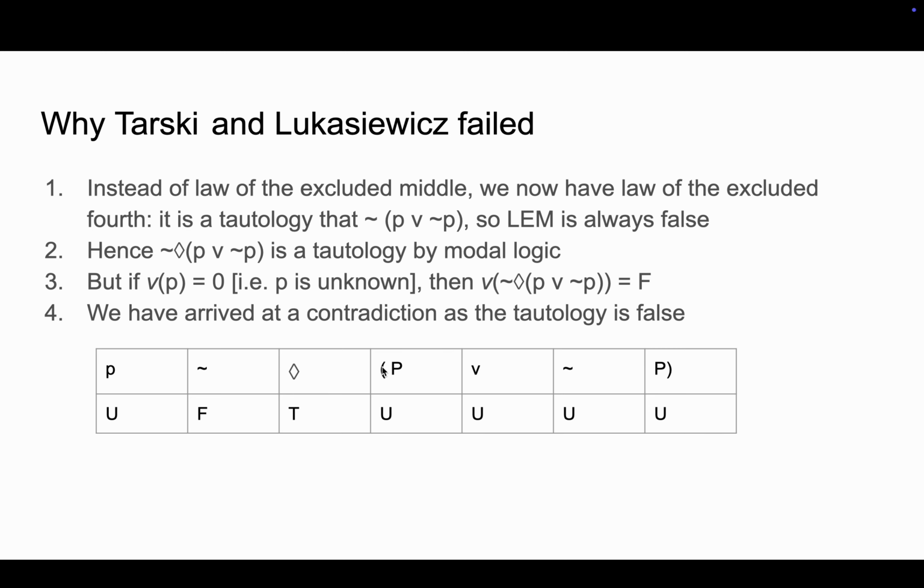But there's a problem. We have arrived at a contradiction, since the tautology will now be false, which doesn't make any sense. So this is one reason for why three-valued logic is so weak. Because of the rejection of the law of the excluded middle, it leads to very weird results.